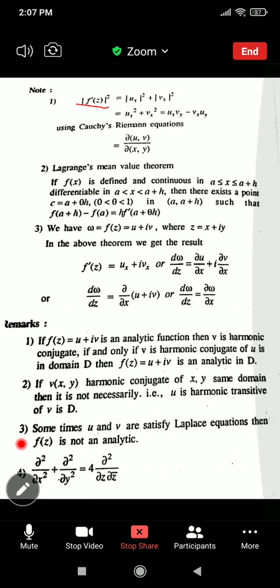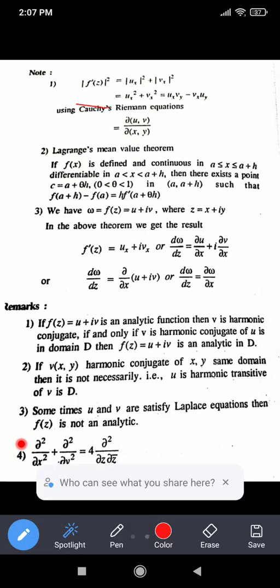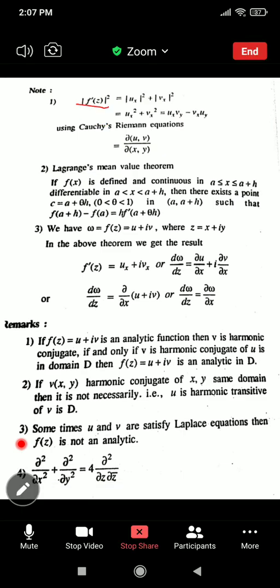Now see the examples based on analytic function.